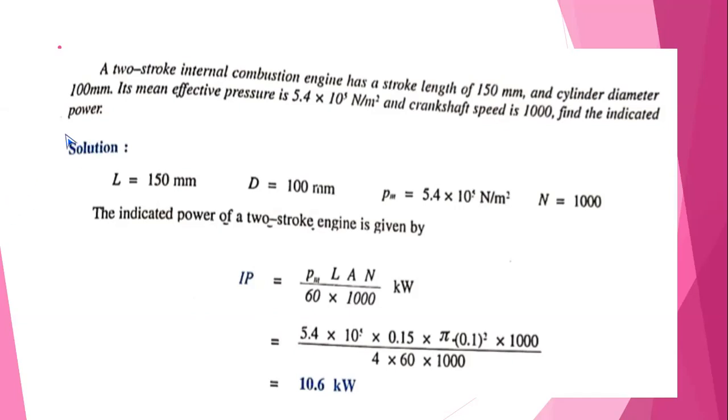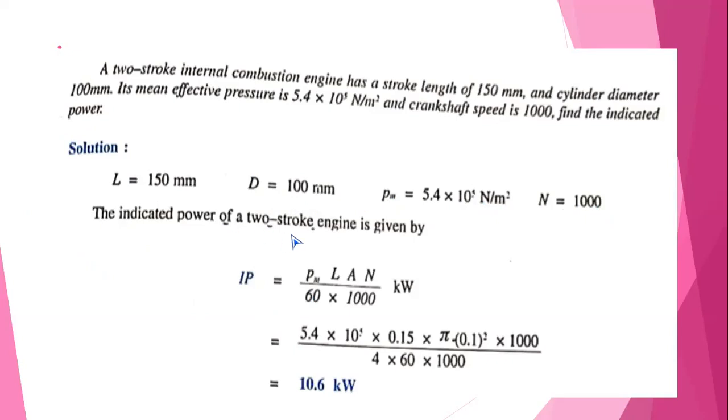Write down solution. Below that, write down L equal to 150 mm. Stroke length of the piston is 150 millimeter, and the bore diameter is 100 millimeter. Mean effective pressure PM equal to 5.4 into 10 to the power of 5 newton per meter square. N equal to speed of the crankshaft is 1000 rpm.